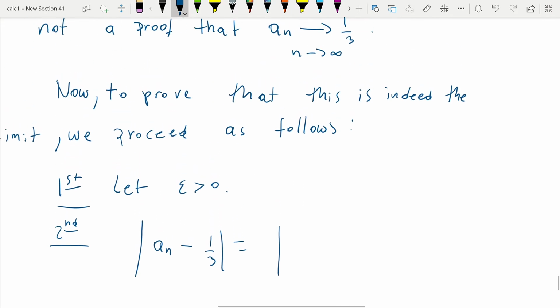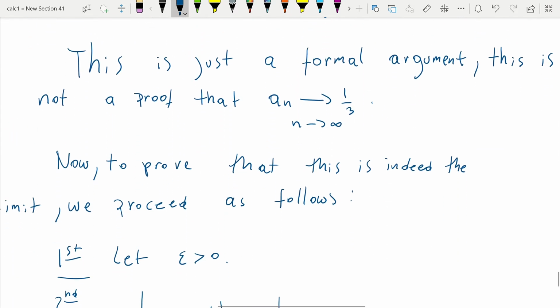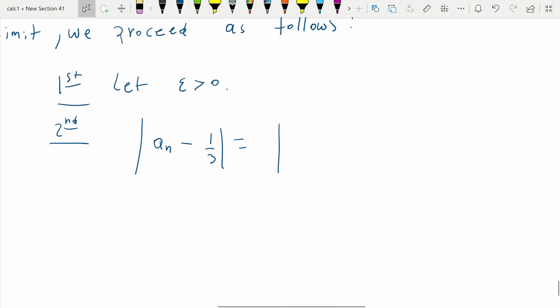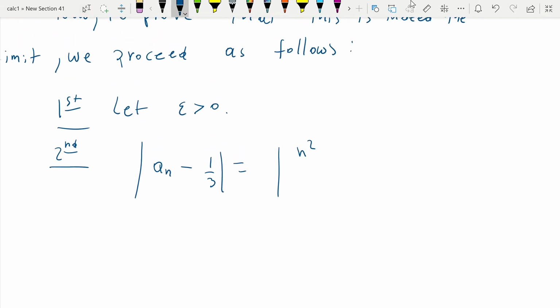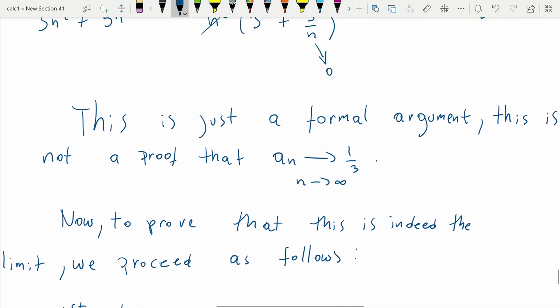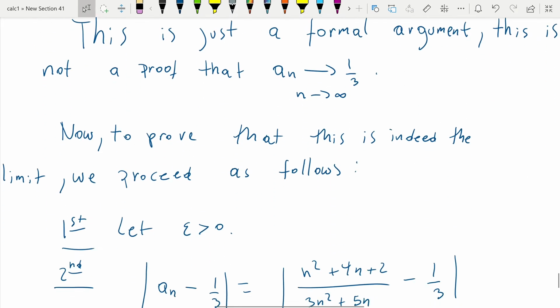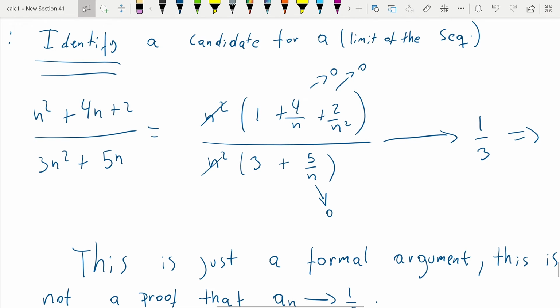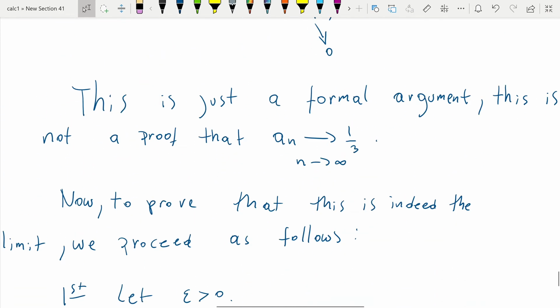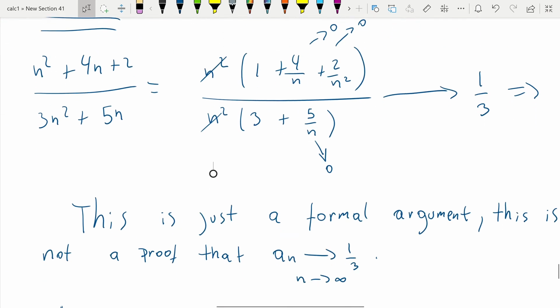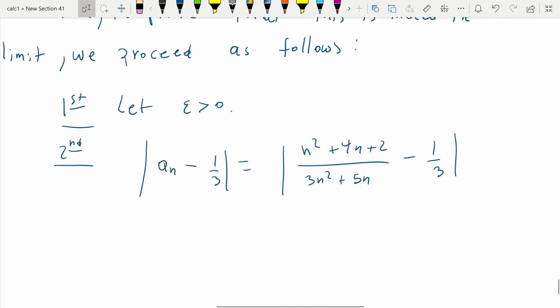If you remember, this was equal to n squared plus 4n plus 2 divided by 3n squared plus 5n, and then minus 1/3.